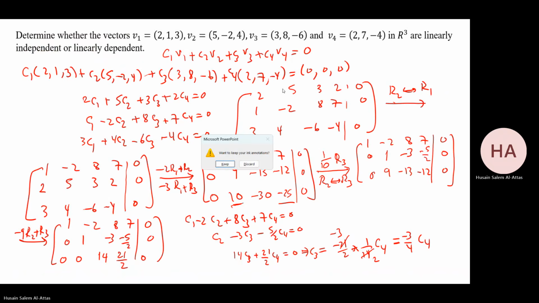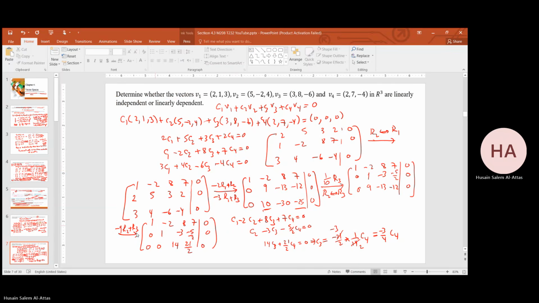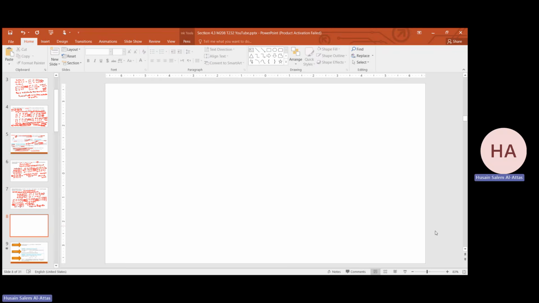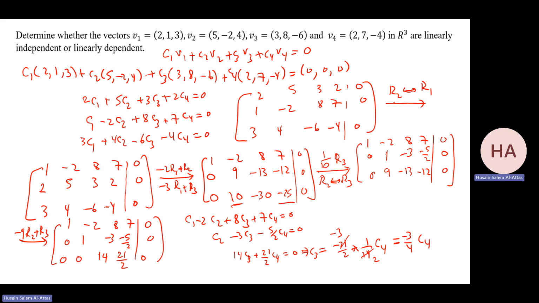Let me give me a little bit of space. I'm doing it in a lengthy way, but this is just to understand what's going on. So C3 equals minus 3 over 4 C4.